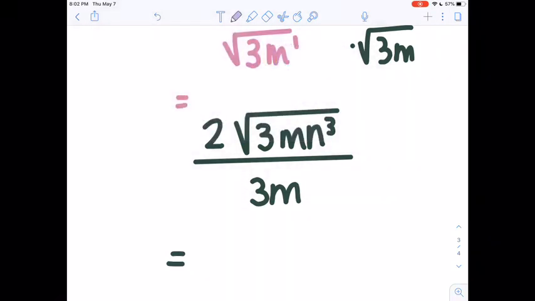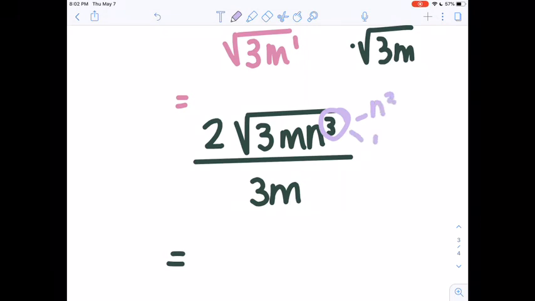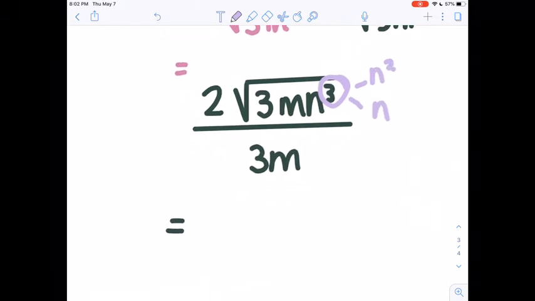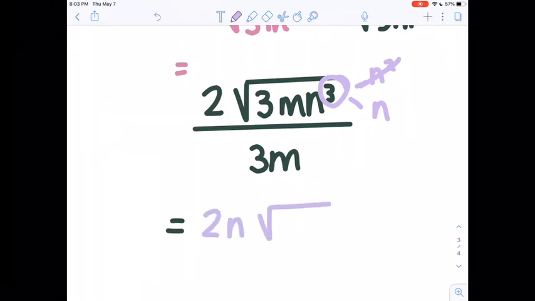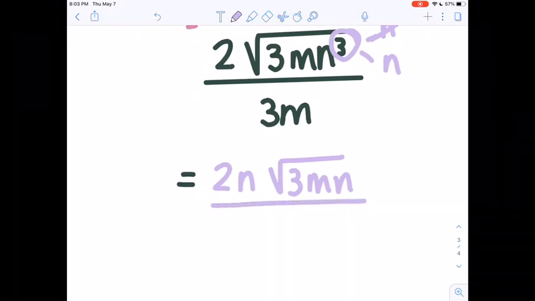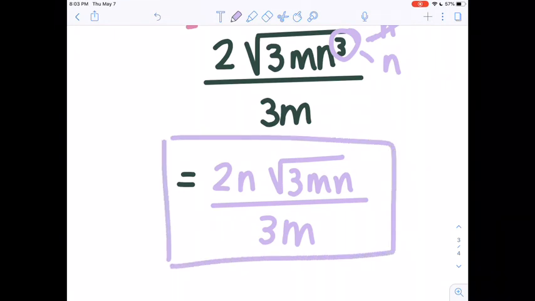I could break that up into n squared and n. So I'm going to take the square root of n squared, that's n, and what's left on the inside is 3m n over 3m. And then again, you can't simplify the 3m's because one's inside, one's outside. So then this is our final answer.